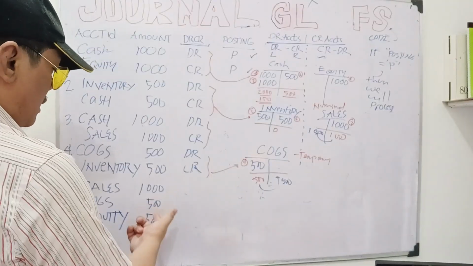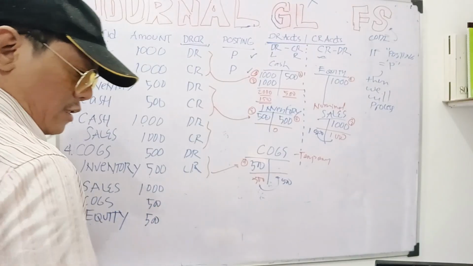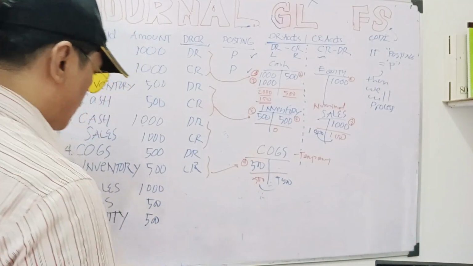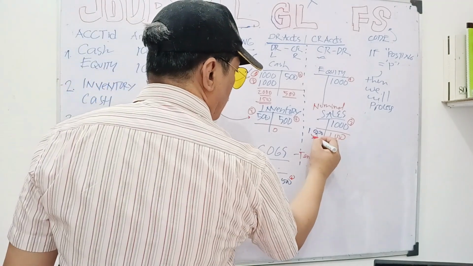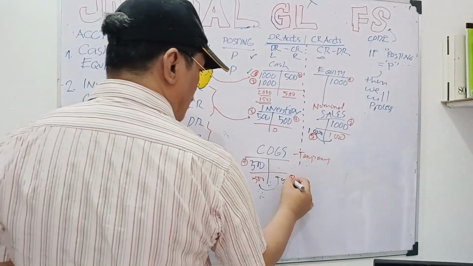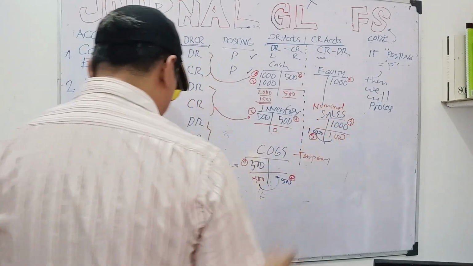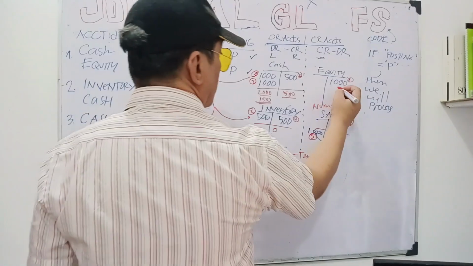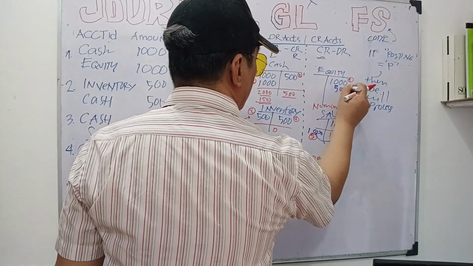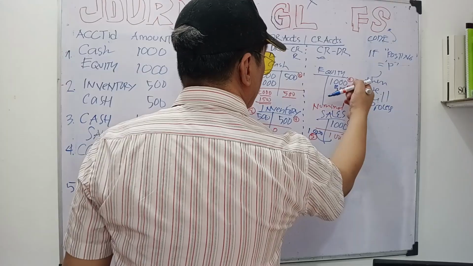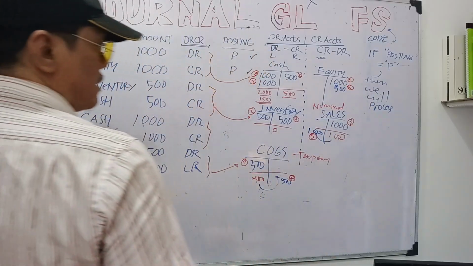So we post this. We already posted our fifth entry, the closing entry for cost of goods sold and sales, and then the equity is posted right here. That would be our fifth and last entry.